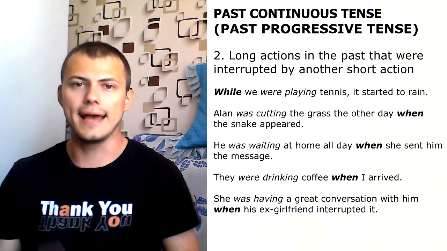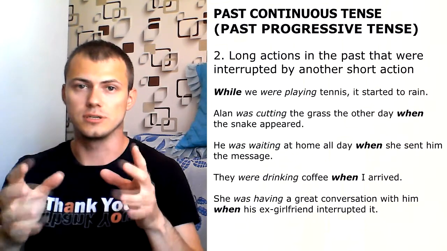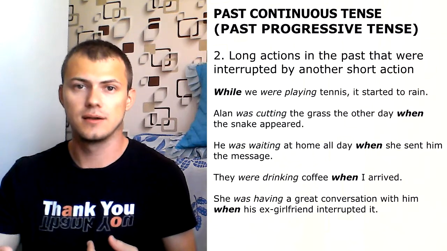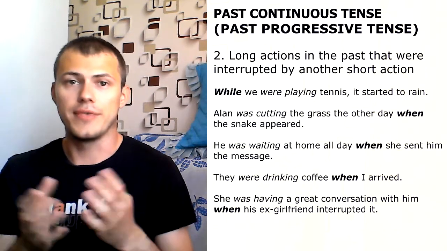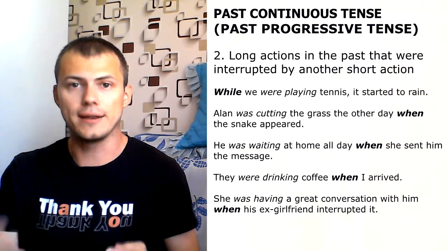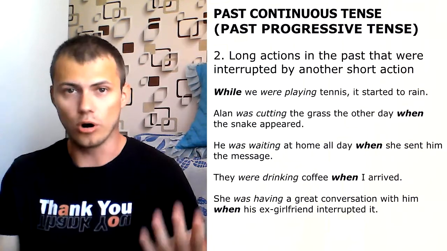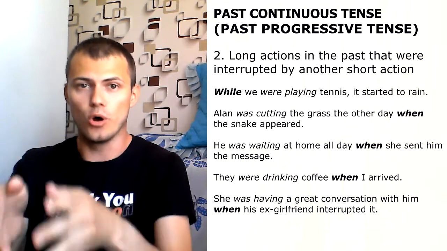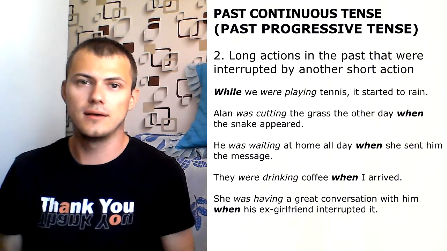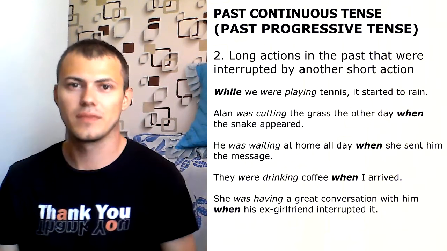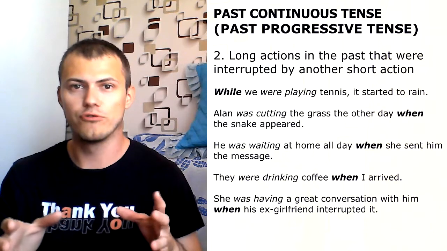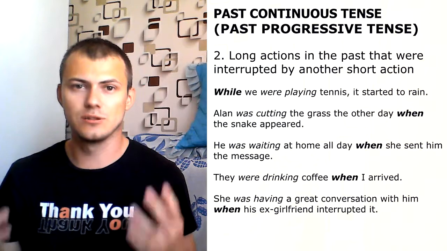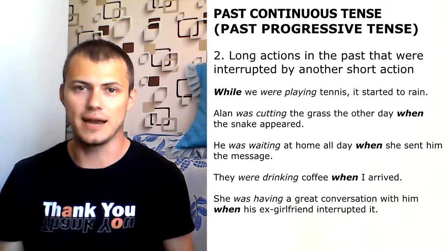Or I can switch two clauses, two parts of my sentence. For example, they were drinking coffee when I arrived, or when I arrived, they were drinking coffee. So the meaning is the same. The order of clauses in this case absolutely doesn't matter.